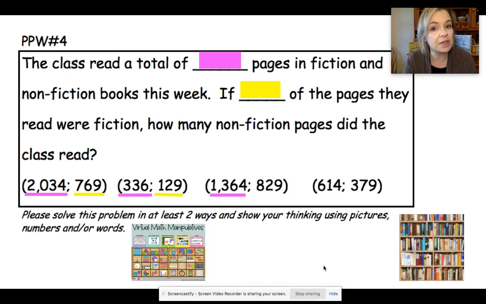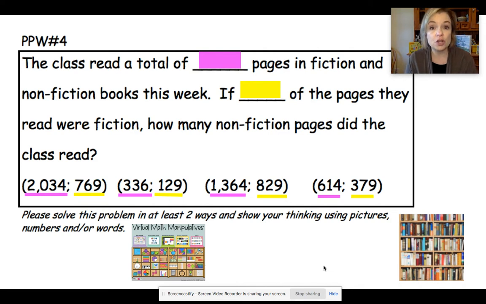Perhaps you'll feel like 1,364 pages in fiction and nonfiction feels just right to you, and that the class read 829 pages in fiction. Finally, we have another choice for you: 614 pages in fiction and nonfiction, and 379 pages in fiction. Remember, we're trying to figure out how many nonfiction pages the class read.